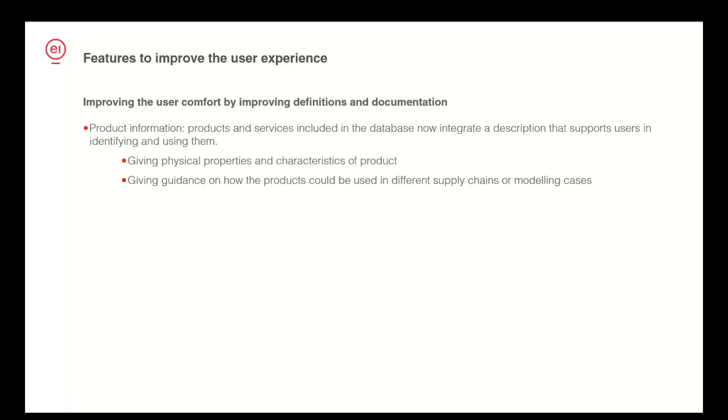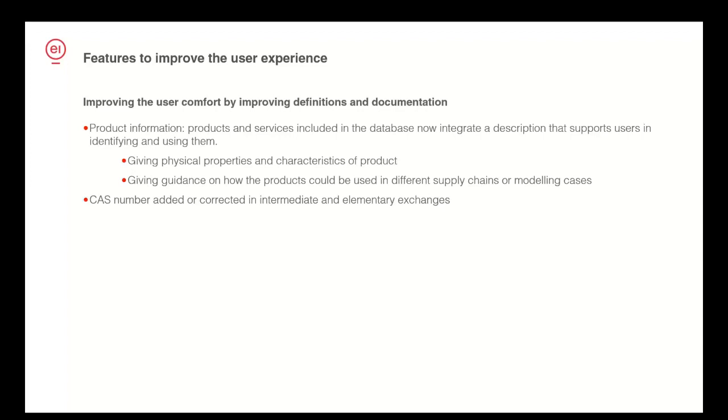This kind of information is often coming to us as questions. We have also added systematically CAS numbers in all intermediate and elementary exchanges, or corrected them sometimes. That meant more than 1,000 CAS numbers corrected or updated overall in the database. So this is also helpful when it comes to identifying, is this the product I need, is this not?